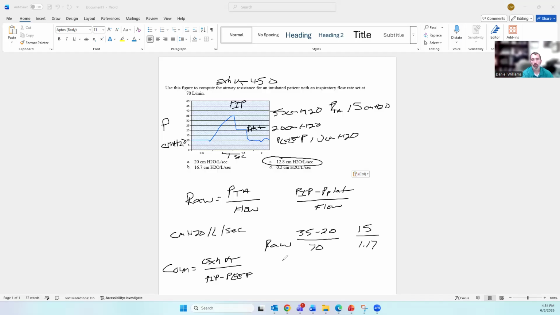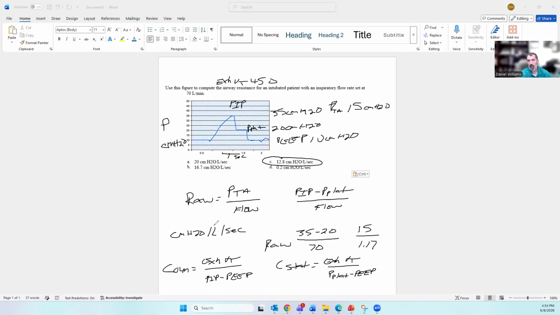And then if you were going to do C stat, still exhaled tidal volume in the numerator, and then you're going to have your Pplat minus PEEP there. And again, for each of these, we'd use 450 in each of the numerators, and then you just come up here and pull what information you need off of that graphic to plug into the formula.